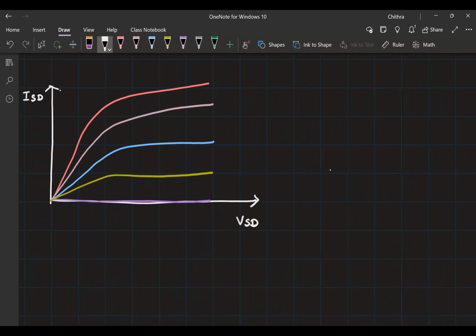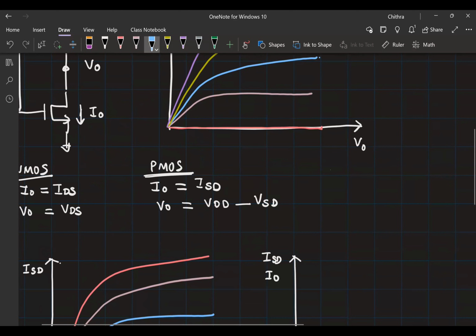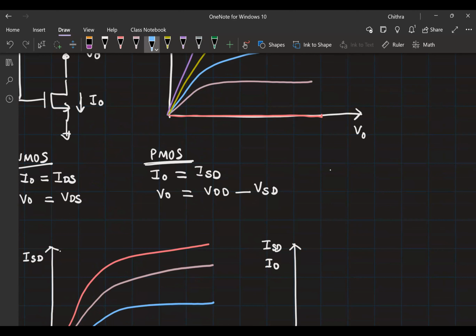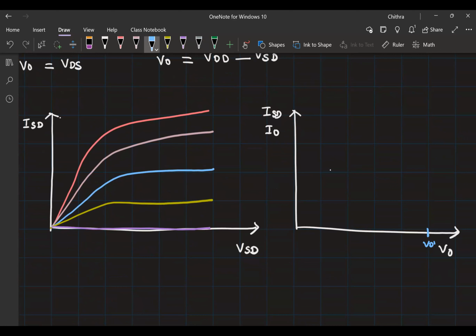So now if I want to plot ISD versus V0, how should I change this? So ISD, which is the same as I0 versus V0. Right. So basically when V0 is equal to VDD, what is the value of VSD? When V0 is equal to VDD, it should mean that VSD is equal to 0, right? So for all points close to VDD, I'm looking at these points.